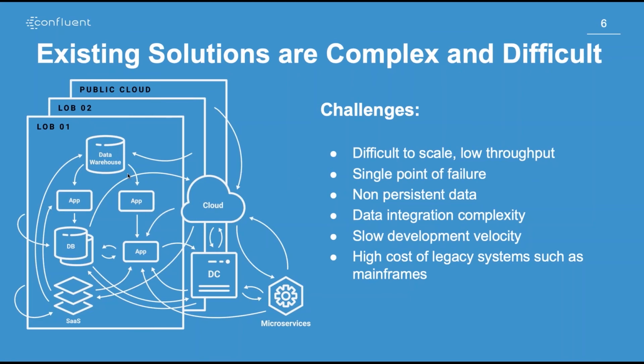It's tough to implement performant integrations when you have so many existing point-to-point integrations. The idea of single point of failure is rampant in architectures, as was previously shown. The data between integrations as they flow through is non-persistent, which means it's non-replayable.